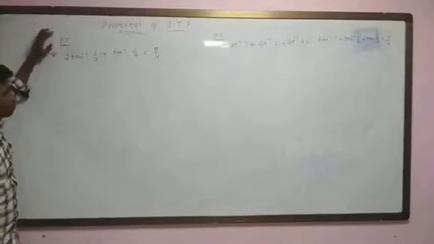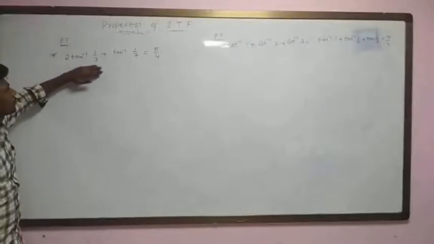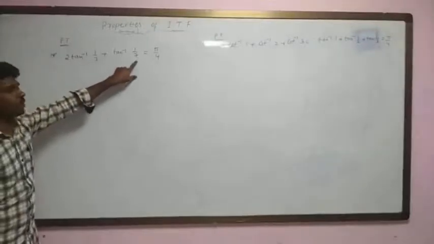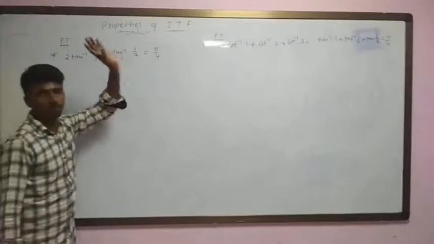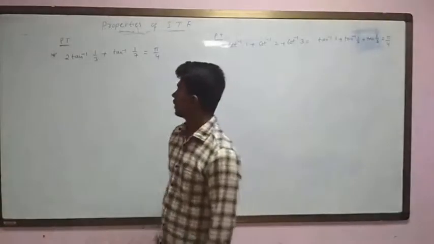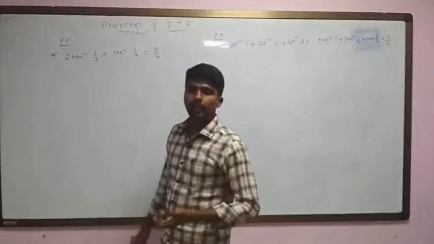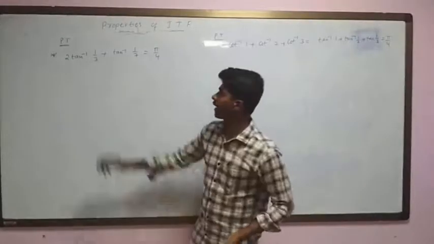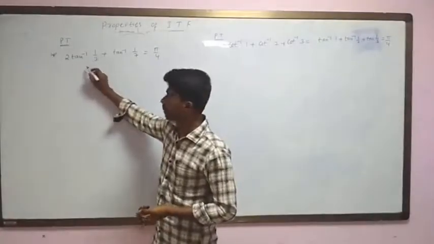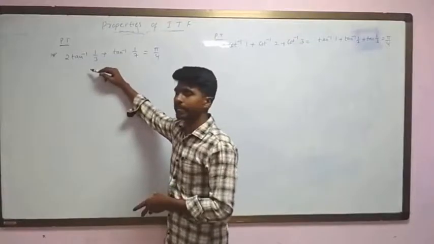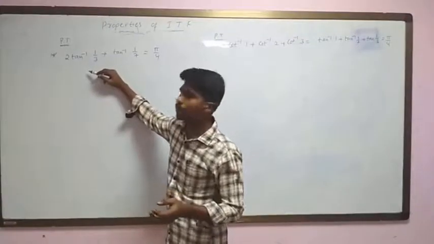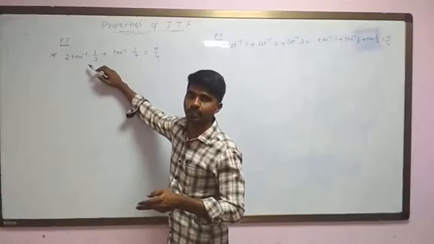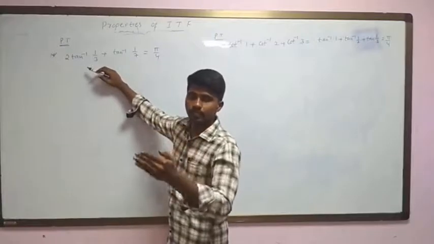Prove that 2 tan inverse 1 by 3 plus tan inverse 1 by 7 equal to pi by 4. This we need to prove. So when we can apply the tan inverse x plus tan inverse y formula? If I have here tan inverse x alone, but what I have is 2 tan inverse x, this can be done in 2 ways. We can split this 2 tan inverse x like tan inverse x plus tan inverse x.